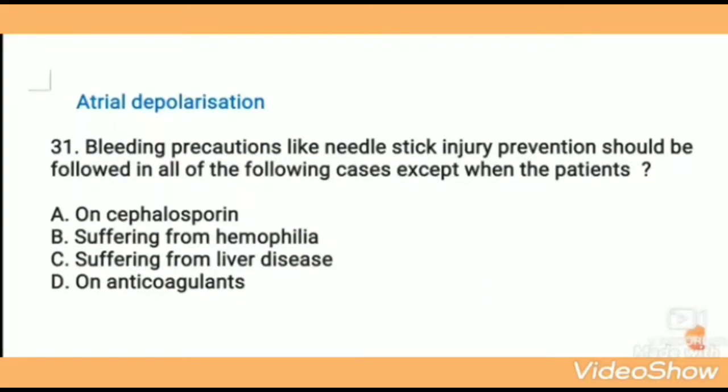Bleeding precautions like needle stick injury prevention should be followed in all of the following cases except when the patients are on cephalosporin, suffering from hemophilia, suffering from liver disease, or on anticoagulants.